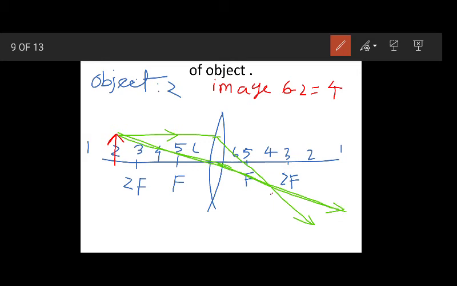So the light meets here, that means the image will be formed here. This is the object, and this is the image of the object.